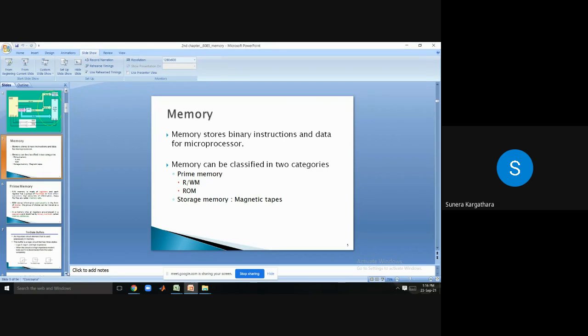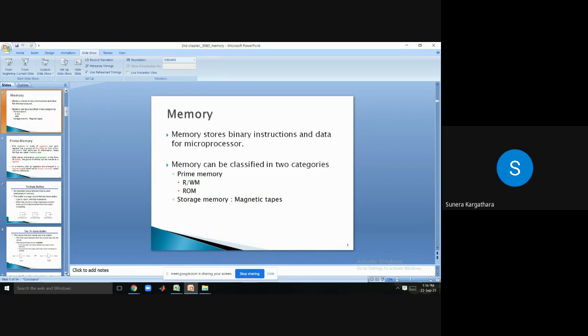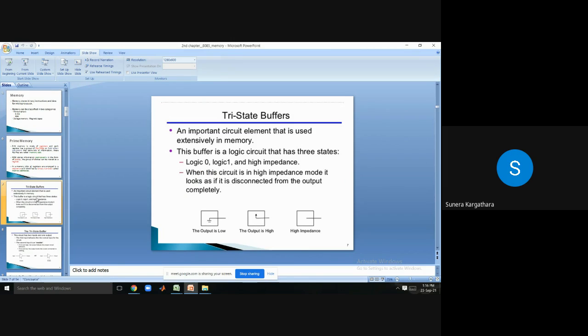Before that, there are a few devices that I want to go through, so you will get an idea of how memory loads 0 or 1 and which device can be used.